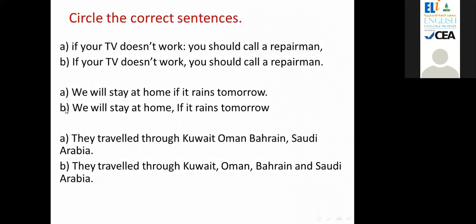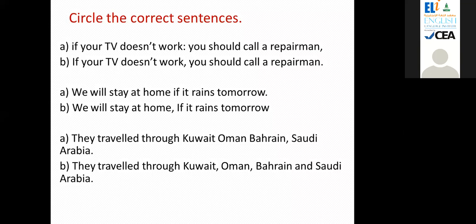What about the other one? We will stay at home if it rains tomorrow. Which one is correct? A, excellent, A. Why? Because do we need the comma if we reverse the structure in the if conditional?